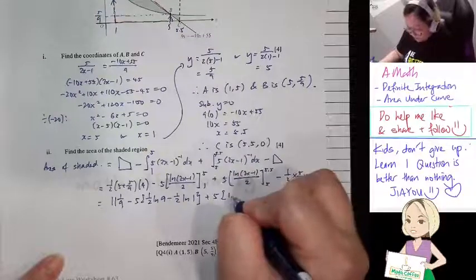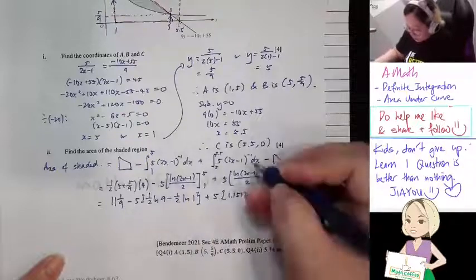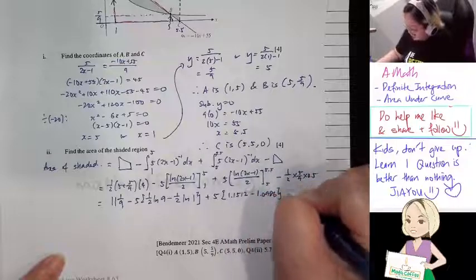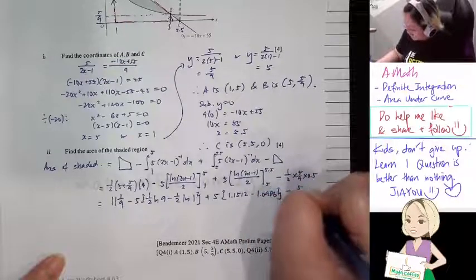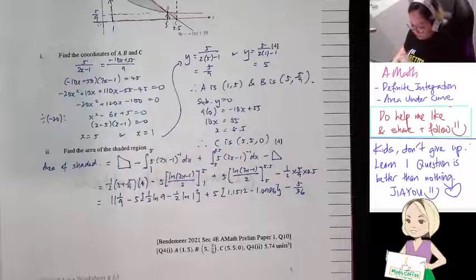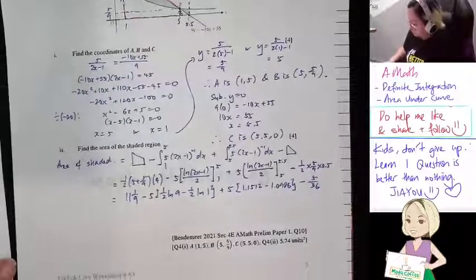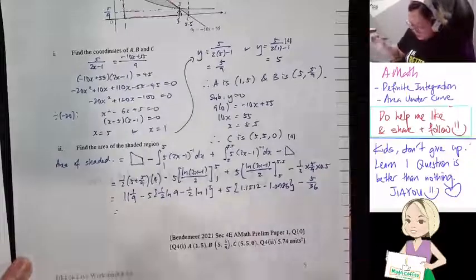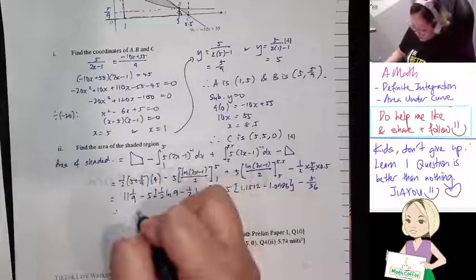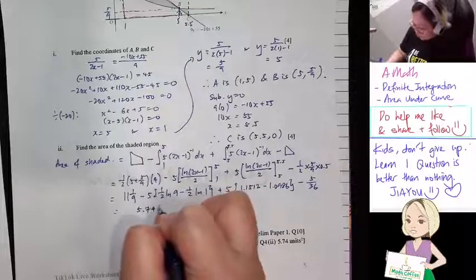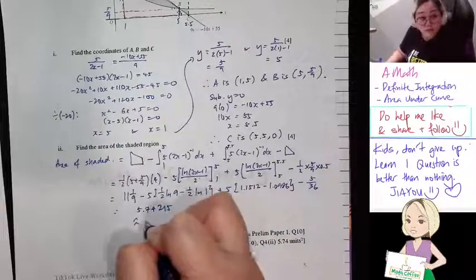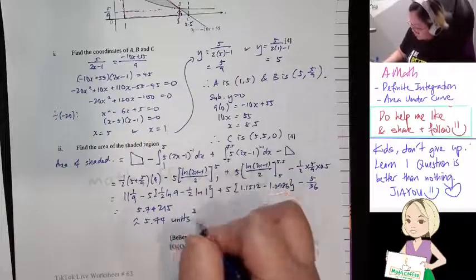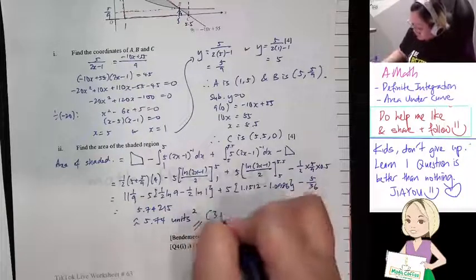It will be 1.1512 minus 1.0986 minus 5/36. Okay, anyway, just sub everything in. Just press the calculator. Eventually, you will get 5.74215. Round off to 3SF, it will be 5.74 unit squared. Done.